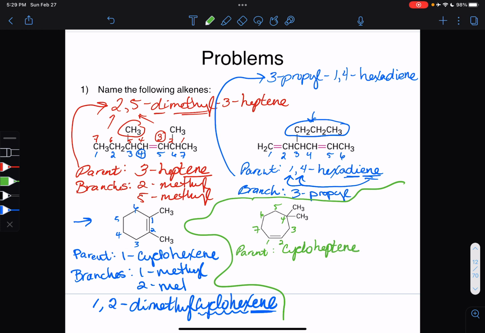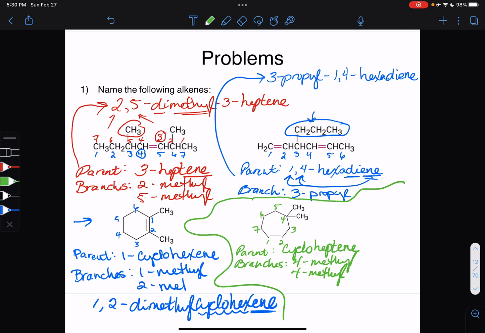We could also write 1-cycloheptene if we wanted to definitely make sure everybody knows that the double bond starts at carbon 1, but we don't need to put it because it's a cyclic structure, and there's only 1 double bond, and we get to number it. Okay, so what we have for our branches are 4-methyl and 4-methyl, which makes 4,4-dimethyl.